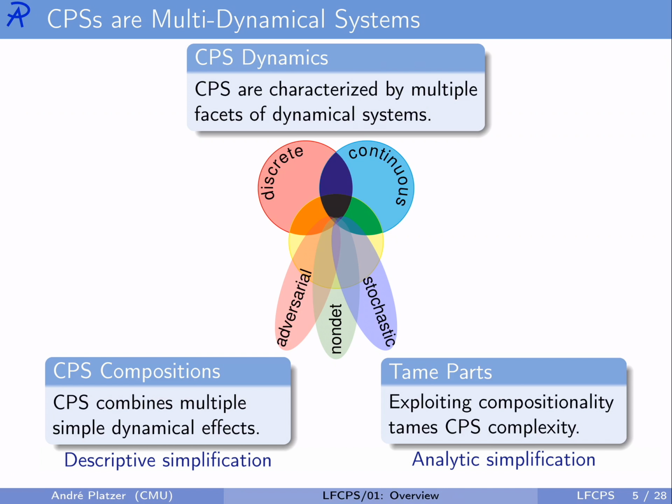The key secret insight in order to make cyberphysical systems analysis happen is that they actually are what I call multidynamical systems. By that I mean CPSs are characterized by multiple facets of dynamical systems. Not just one, but many of them.